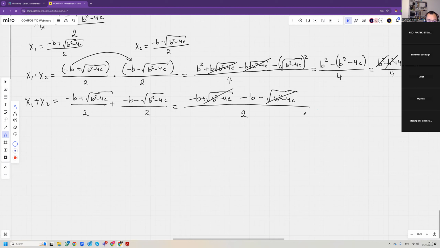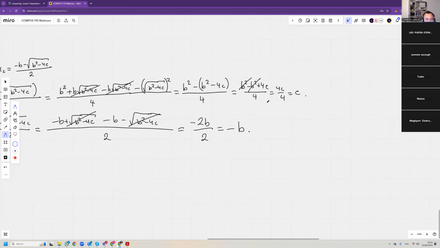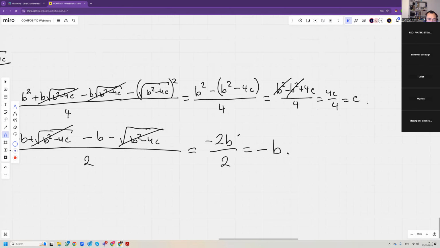Cancel, cancel. And you get minus 2b over 2, which is minus b. Full stop. Minus 4c, because when you open the brackets, minus and minus make plus.